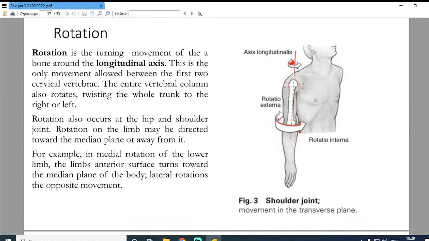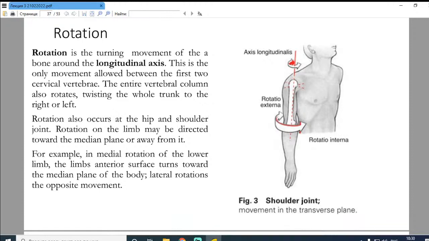Rotation also occurs at the hip and shoulder joint. Rotation of the limb may be directed towards the median plane or away from it. For example, in medial rotation of the lower limb, the anterior surface turns toward the median plane of the body. Lateral rotation is the opposite movement.